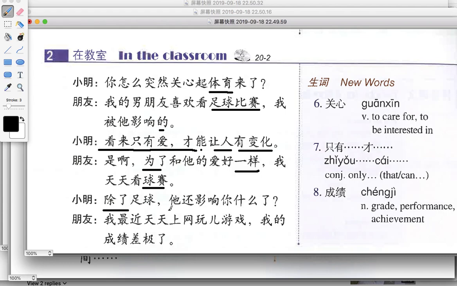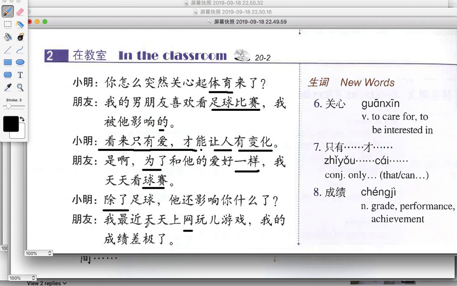还有什么影响？朋友说，我最近天天上网玩游戏。网 is internet, net, or short for internet. 上网, to get on the internet, to surf the internet. 玩游戏, to play games. 我的成绩差极了。That's another very bad influence.